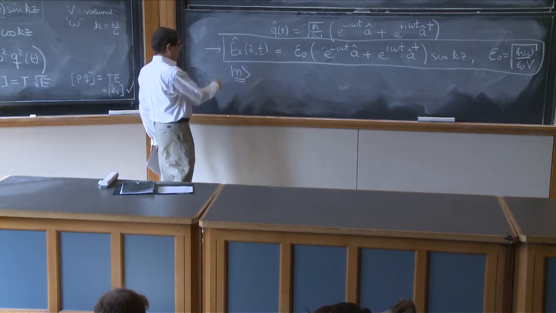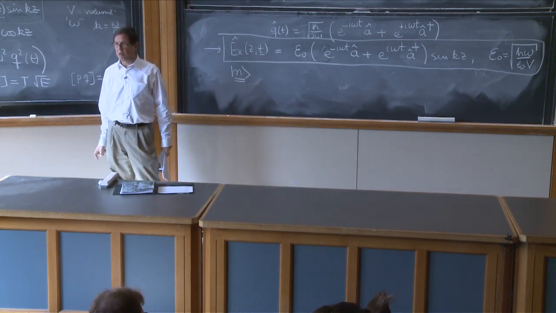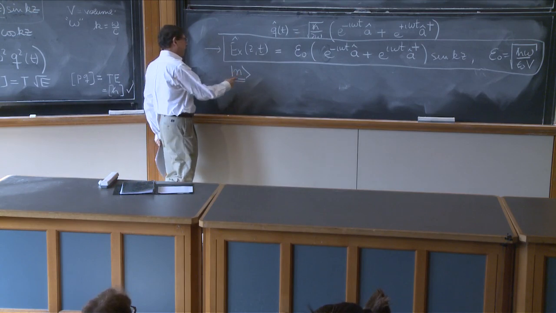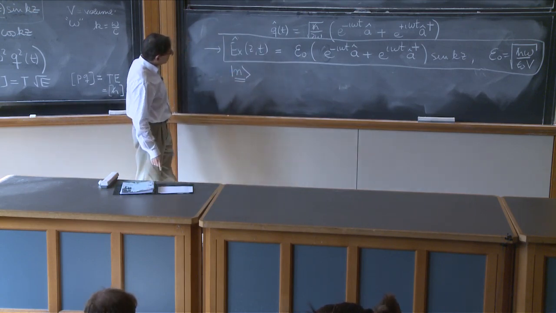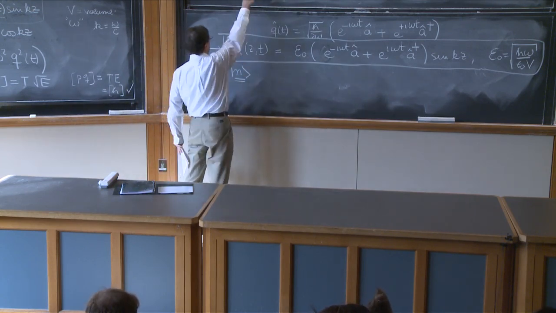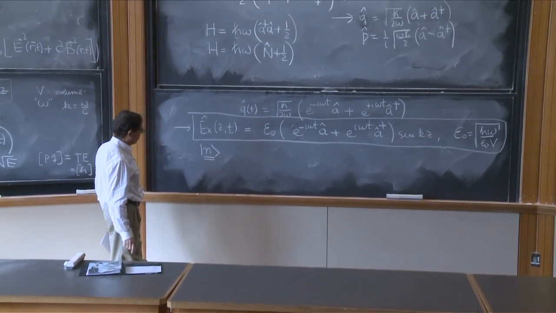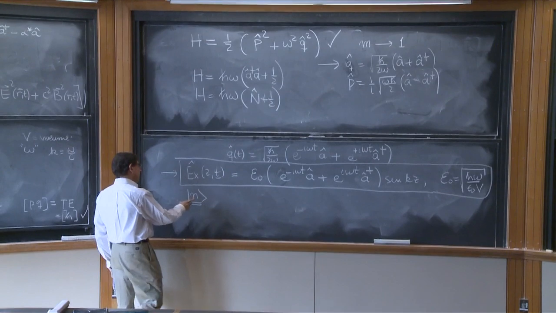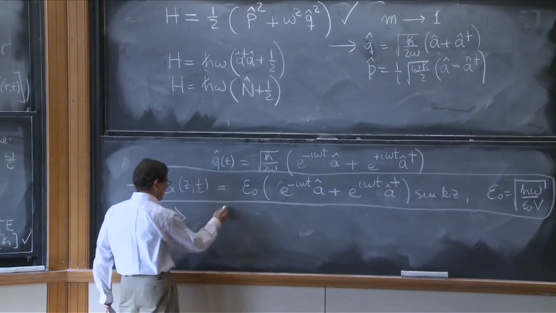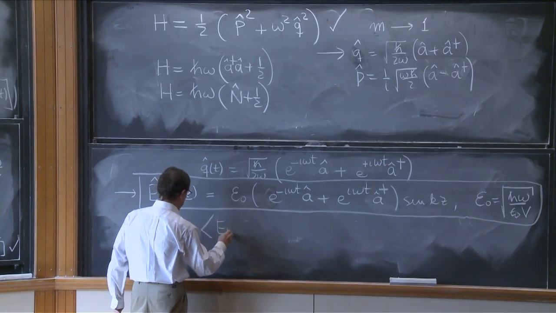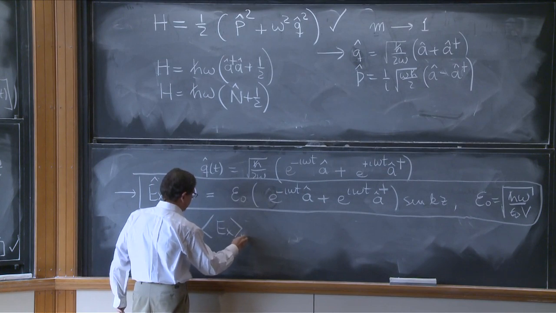And we have a state now of n photons, an energy eigenstate, in fact, with energy n h bar omega plus 1/2 h bar omega. And let's figure out what is the expectation value of Ex in that state n.